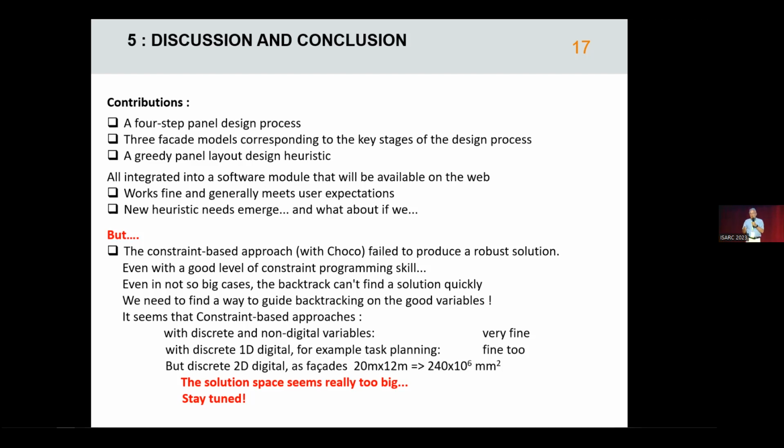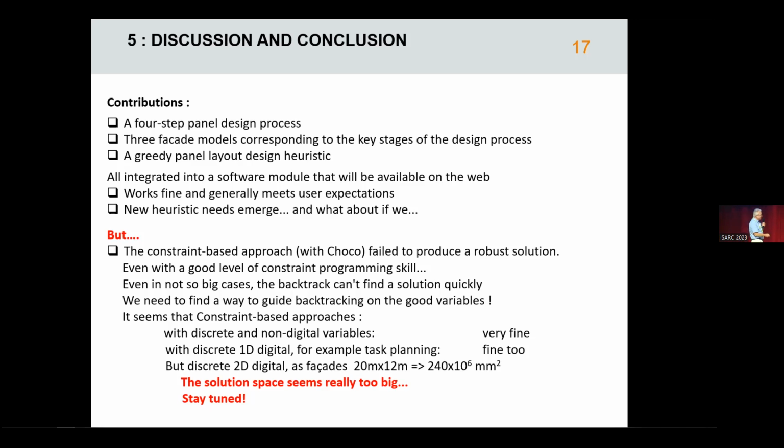And furthermore, the solution space is quite big, with a huge set of possible values. The constraint-based approach works very well with discrete problems, and there is much good work on discrete, one-dimensional problems, for example task planning, where you have one dimension, time. But here, with 2D digital like a facade of 20 meters by 12 meters, people want an accuracy of a millimeter.